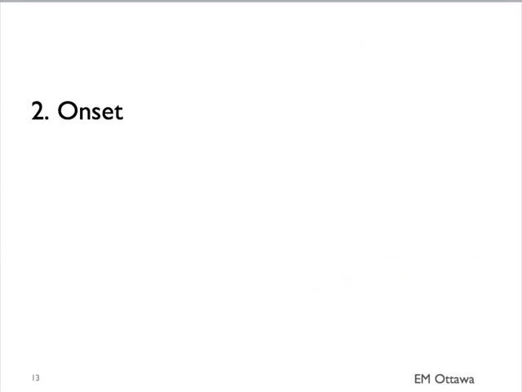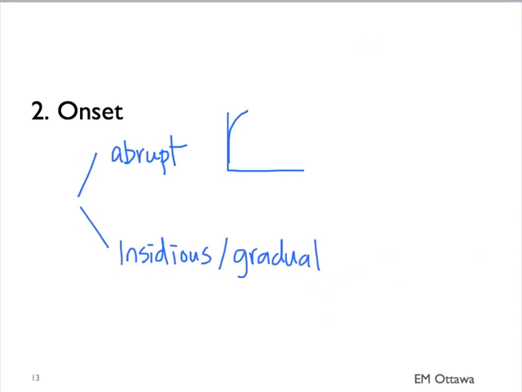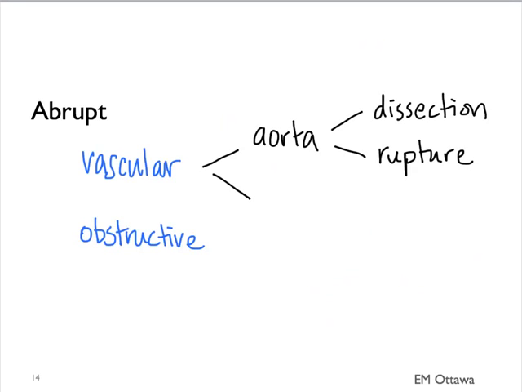We can also approach the pain by how it started. It can be an abrupt onset, where the pain peaked instantaneously, or gradual when the pain built slowly over time. Disorder that gave patient abrupt pain suggests vascular or obstructive causes. For vascular, we want to think about aortic disorders or ischemia leading to infarcts.